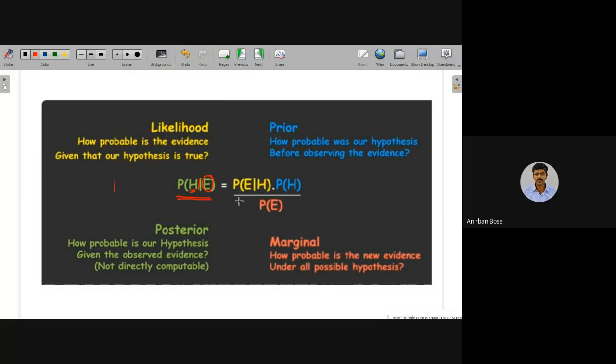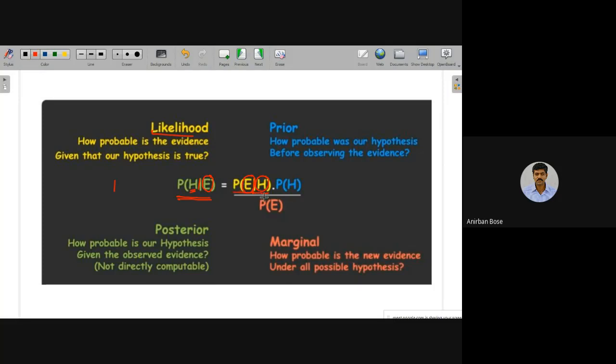So Bayes theorem tells us that this will be equal to the probability of E given H, where E is the evidence. That means how probable is the evidence given that our hypothesis is true. So now it is just the reverse: if the hypothesis is known, then what is the probability that that particular evidence will take place.